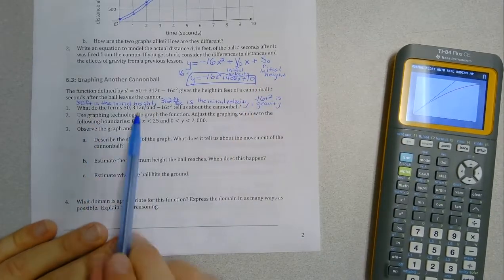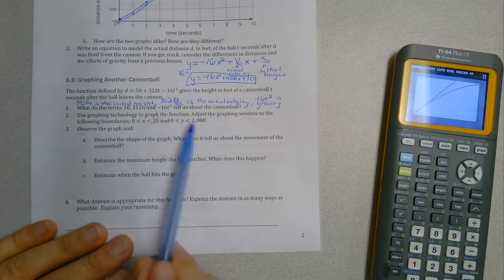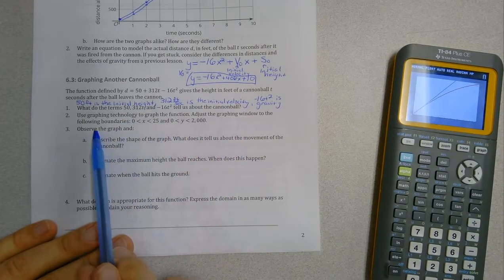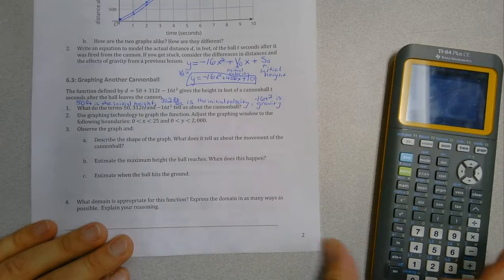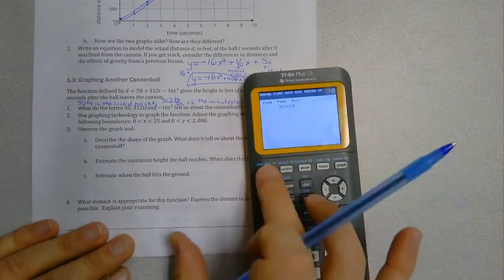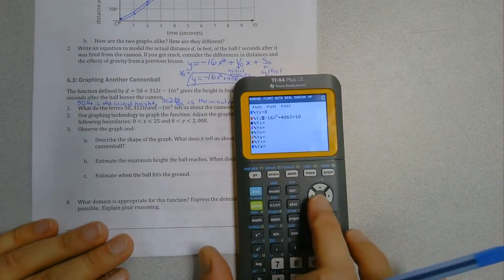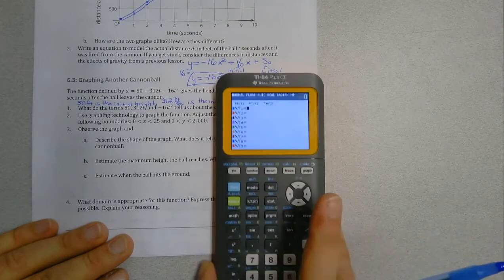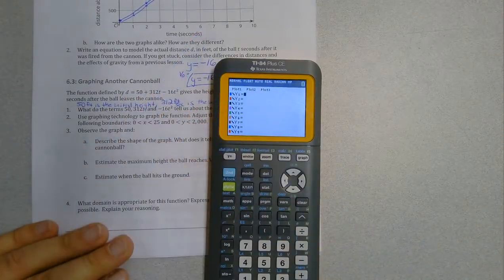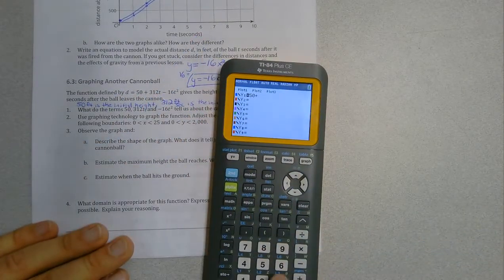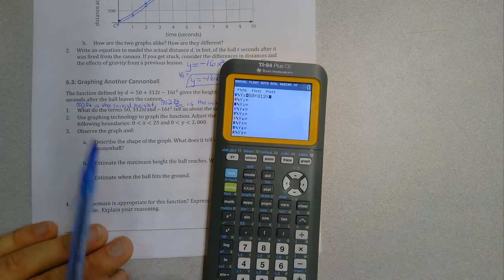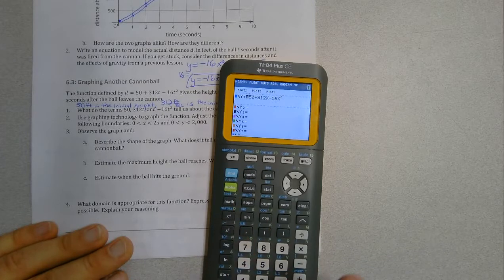So now using technology to graph the function, we have to adjust the window to the following boundaries. Again, I'm going to put in my function, pressing y equals, clear everything out. So our function here, we have 50 plus 312x minus 16x squared.